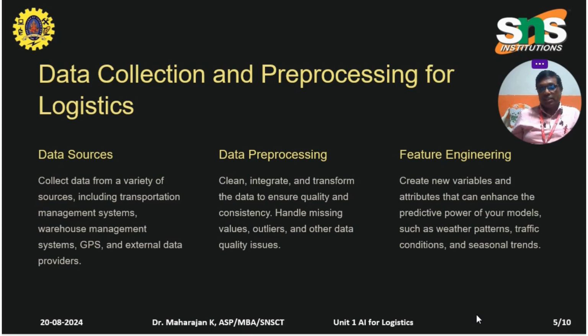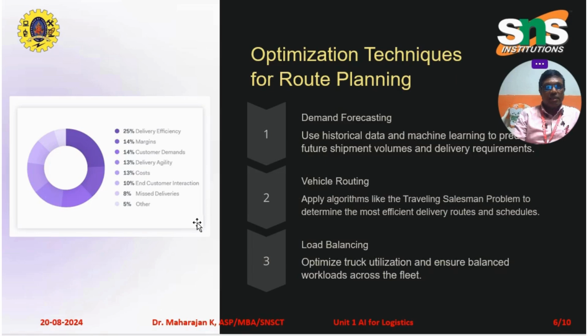Then feature engineering. We need to find the predictive power of our models, using traffic conditions, weather patterns, seasonal factors, and many other things. Of course, it is complex, but artificial intelligence is there to make our life easier. Then we can optimize for demand forecasting, vehicle routing, and load balancing: how to send what, how to properly load our trucks, and how to use different modes of transportation.